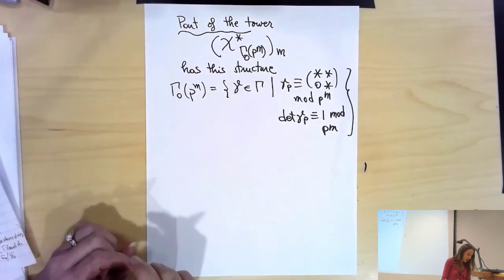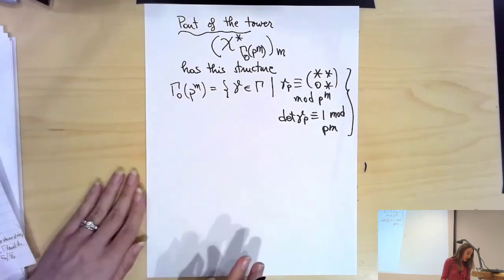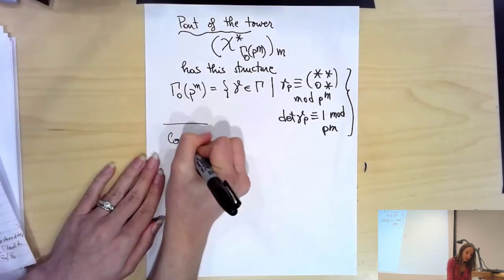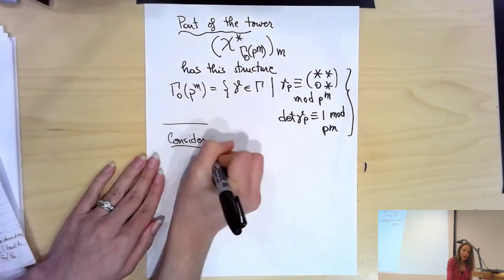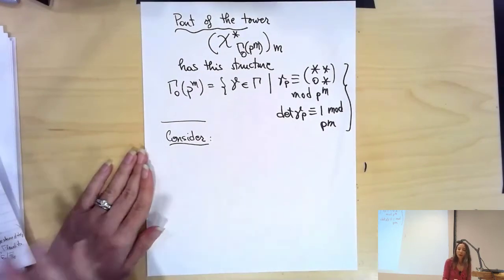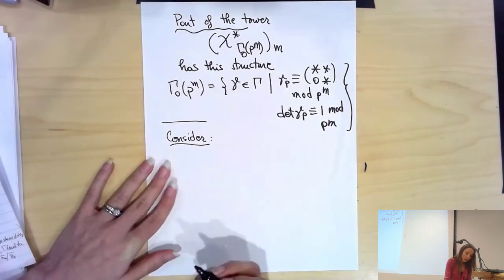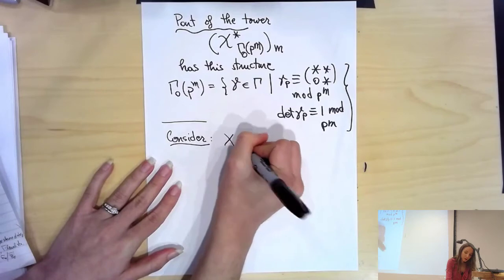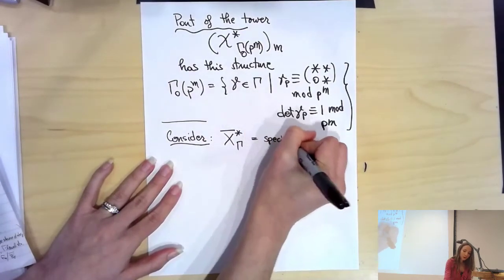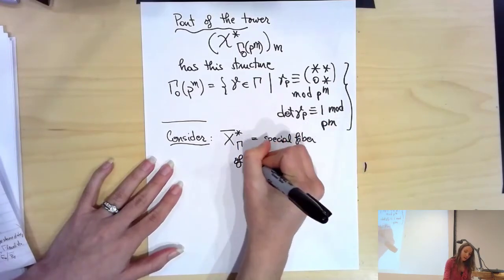Okay, so in order to do this, we're going to start with classical things. We're going to look at integral models of modular curves and look at their special fibers. I really want to stick to simple things. I'm just going to look at the ground level Γ, and level Γ_0(p). So X^*_Γ with a bar is the special fiber of the modular curve integral model.